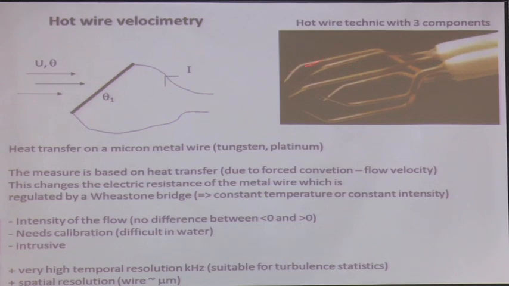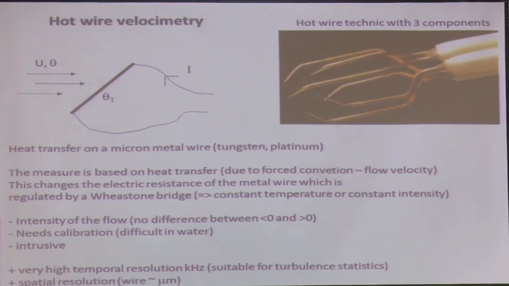So you see here an example of a wire with 3 components, because here you are measuring only 1 component, but here you have 3 components, so you have 3 orientations of the wire. Of course you try to get the information when the flow is like this, because if the wire is like that and you measure like this, it's not very efficient.